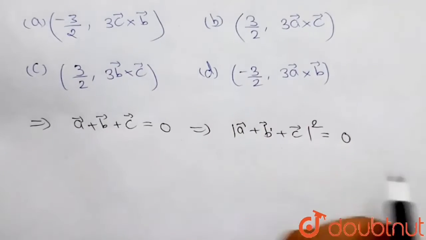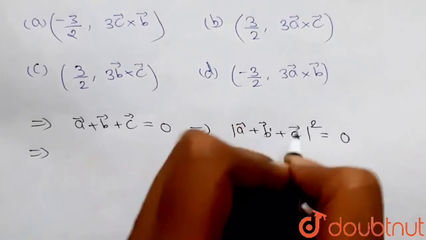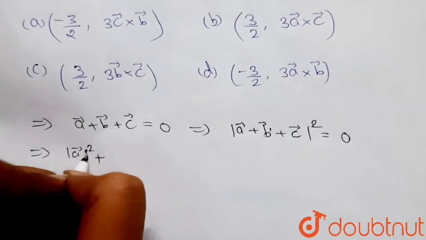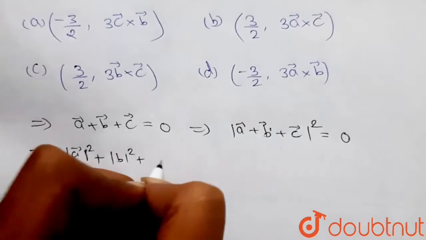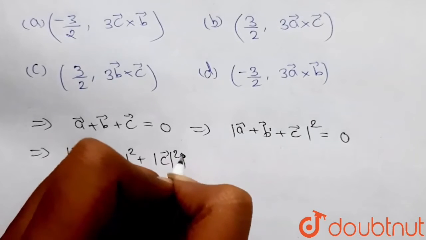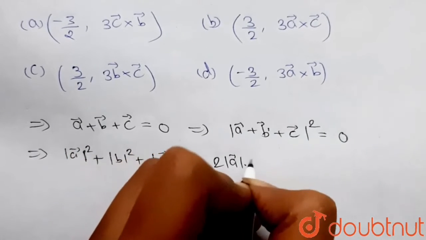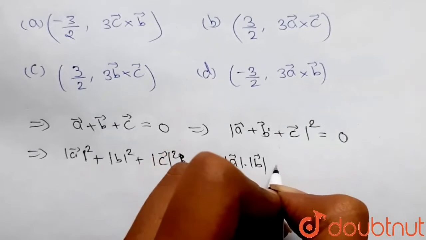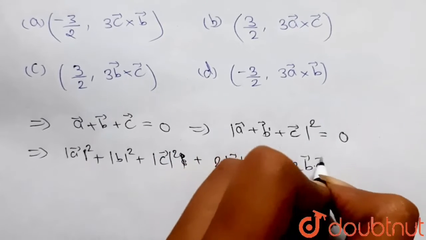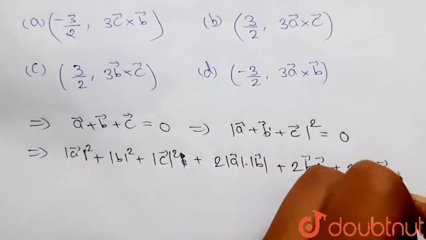So this will become the square of vector A plus vector B plus vector C, which is mod of vector A square plus mod of vector B square plus mod of vector C square, plus 2 times vector A dot vector B plus 2 times vector B dot vector C plus 2 times vector C dot vector A equals 0.